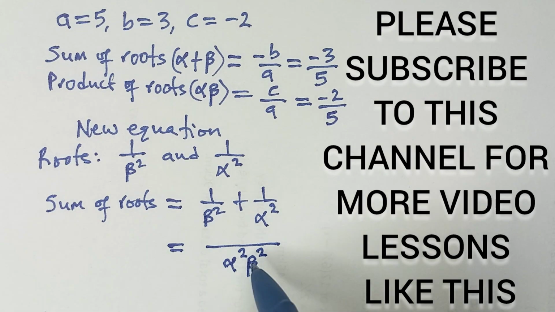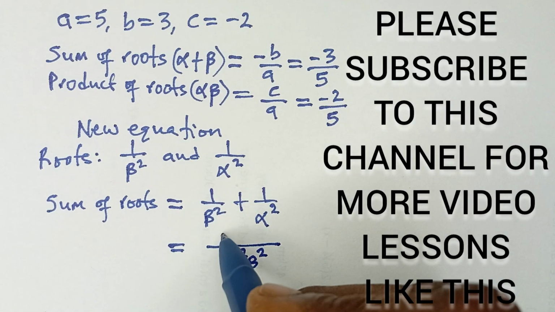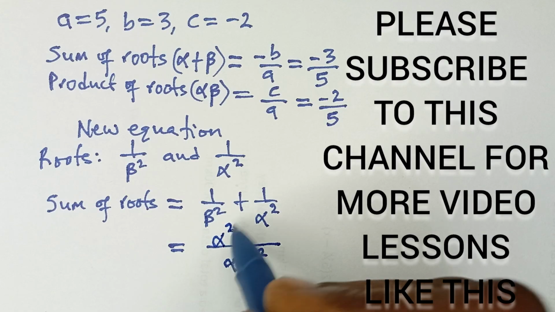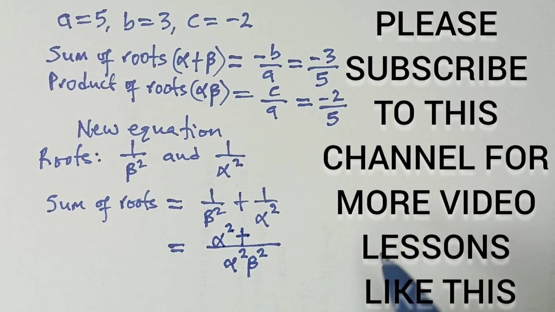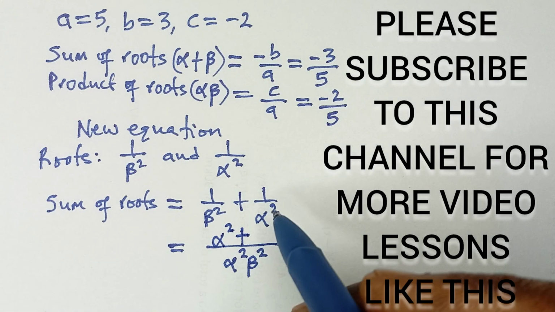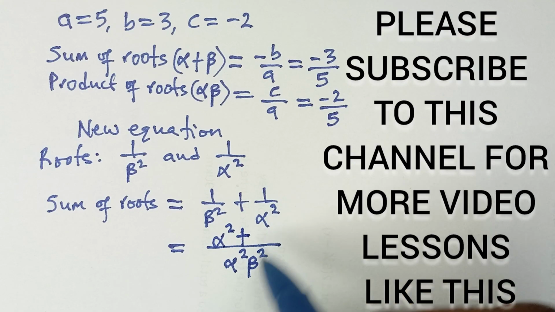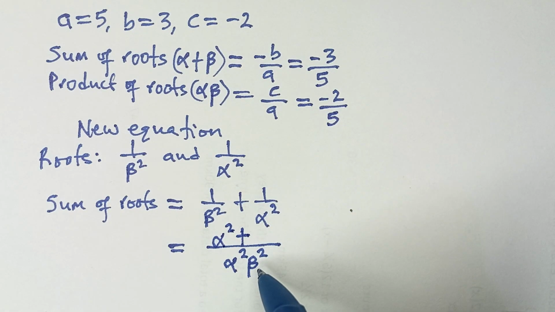So beta square will cancel beta square and we are left with alpha square. Then alpha square multiplied by 1 will still give us alpha square. And then the plus that we have there. And then now we look at this. This LCM here divided by alpha square, we cancel alpha square and we'll be left with beta square.